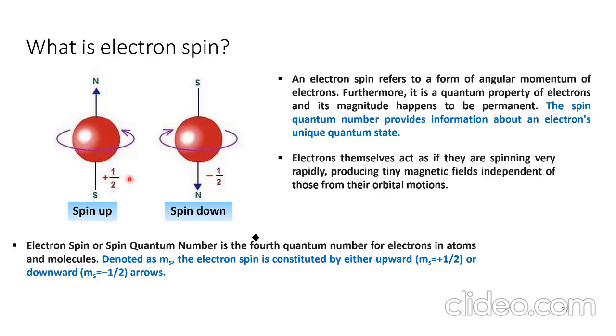The electrons themselves act as if they are spinning very rapidly, producing tiny magnetic fields independent of those from their orbital motion. So electron spin, or the spin quantum number, is the fourth quantum number for an electron in an atom or molecule. It is denoted by ms, and the electron spin is either upward or downward, plus half or minus half.